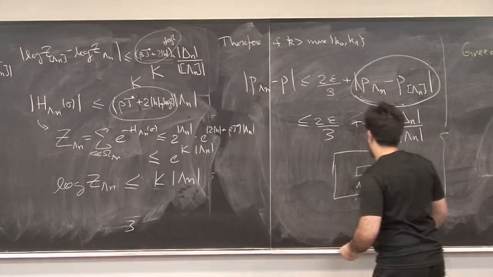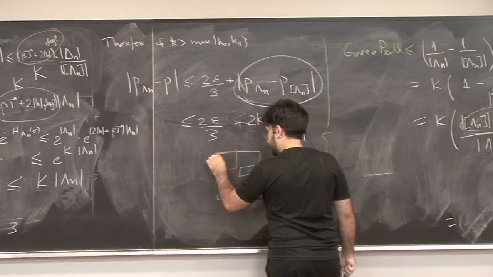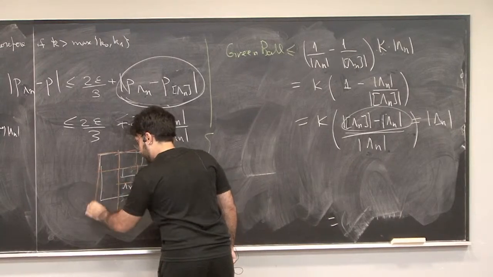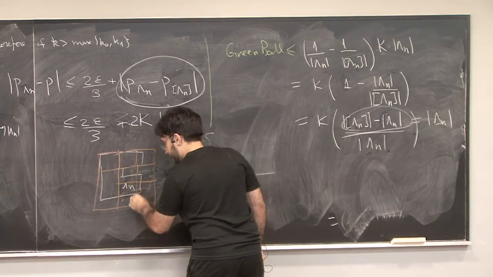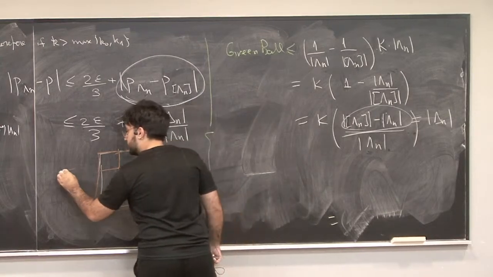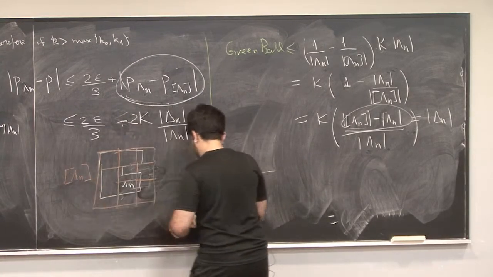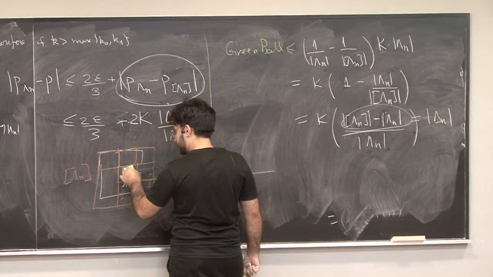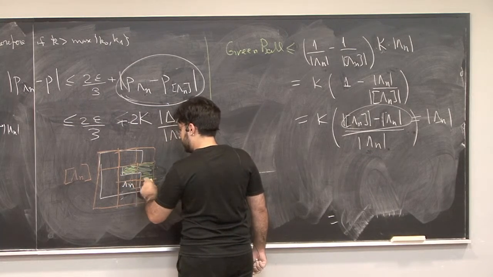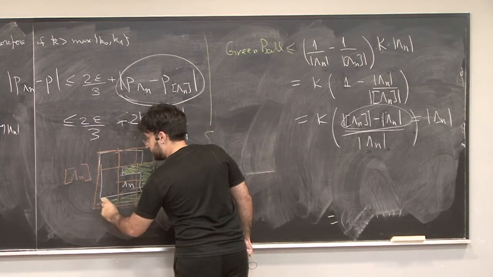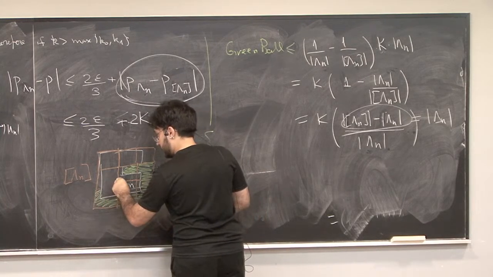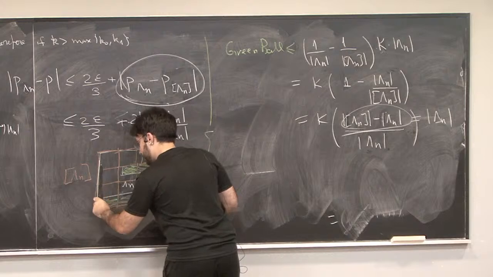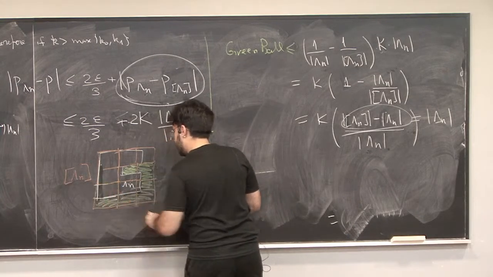And I cover it by cubes. Okay, this will be the cover. And then lambda n will be this set over here, the green one.